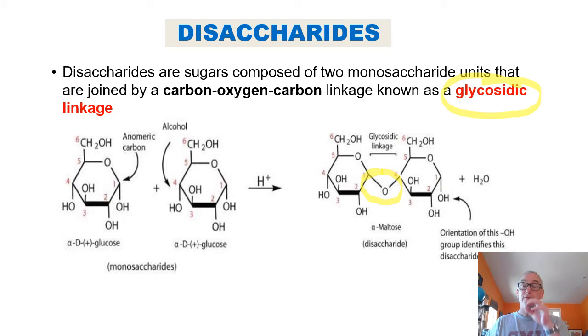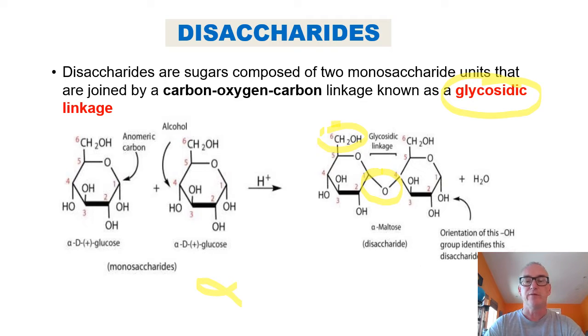And we also refer to the glycosidic linkage as an alpha or beta. In this instance, it is trans to carbon 6 here. So we would call that alpha.